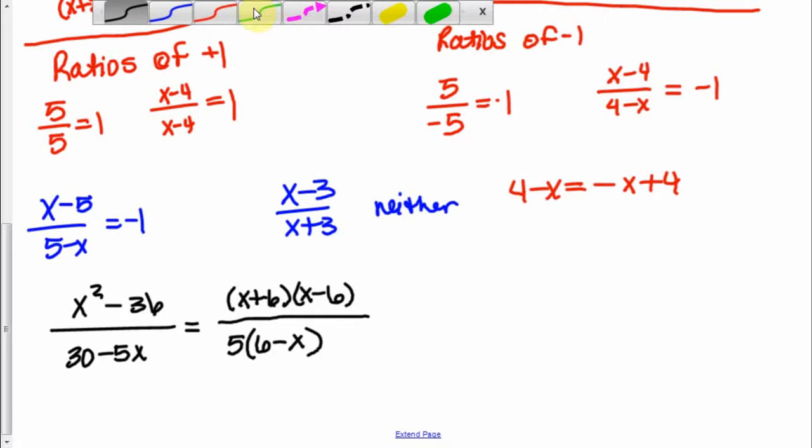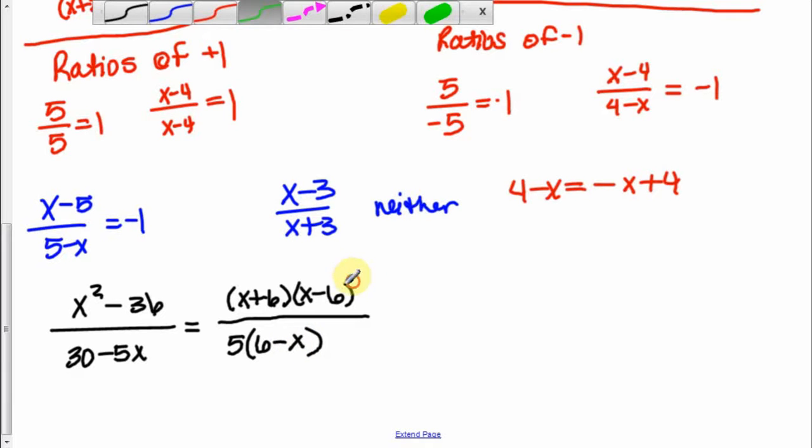So what you have to recognize is that x minus 6 and 6 minus x are opposites, totally opposites of each other. Your book calls them additive inverses of each other because if you added them together, you get 0. Okay? And when you divide opposites, you get a ratio of -1.